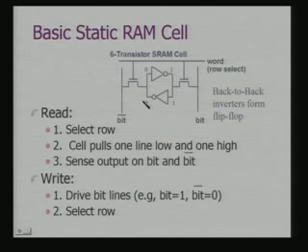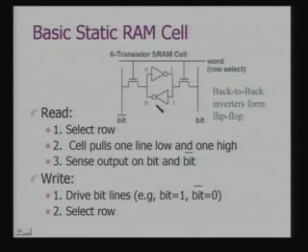It requires about 6 transistors for its implementation. You can understand that this back-to-back inverter actually forms a flip-flop. So, the bit is retained in terms of the states of this flip-flop.